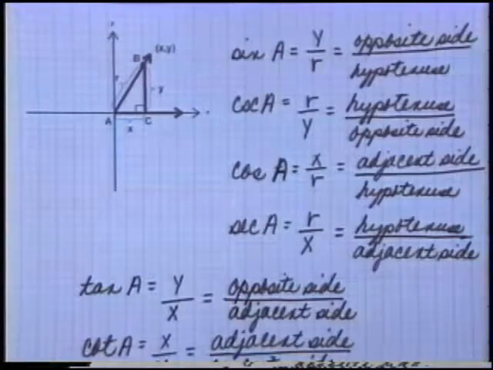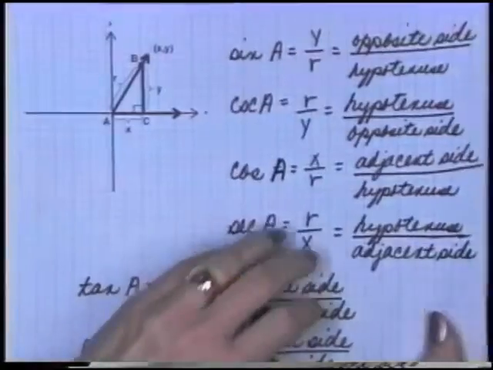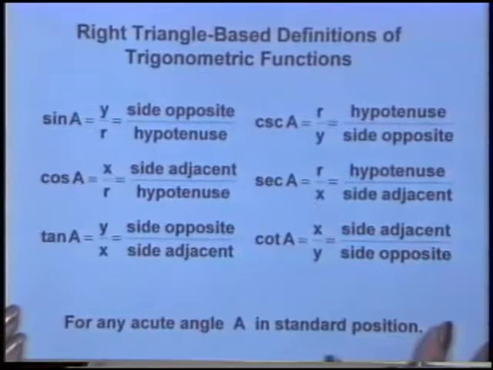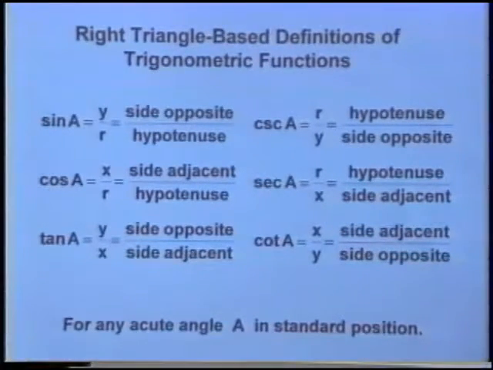Now, I have a summary of these. When we are defining the trig functions for the acute angles in a right triangle, these are the definitions that we use.